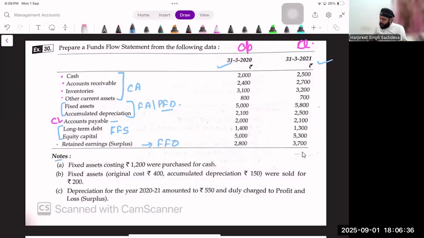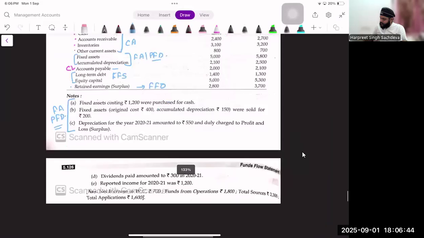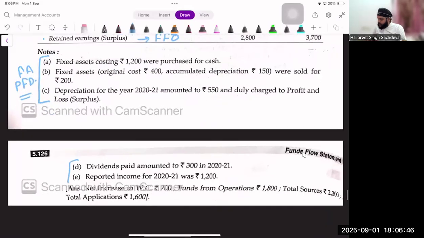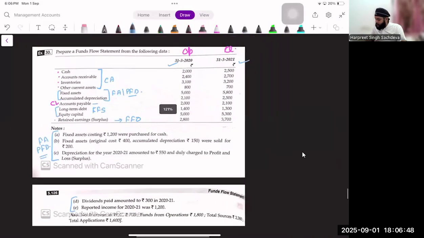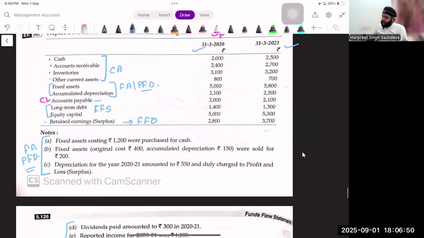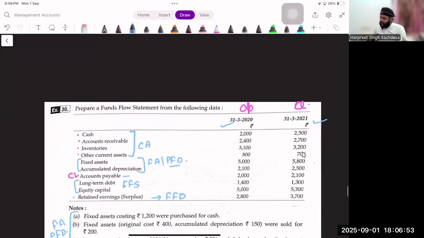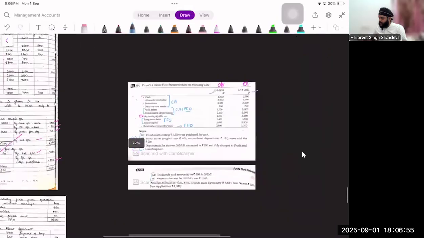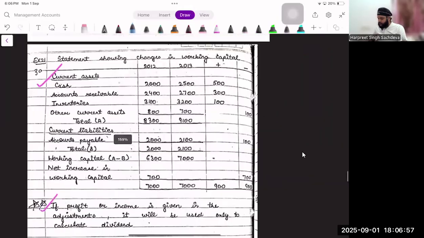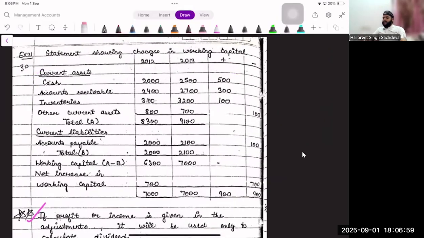Then the first point, second point, third point is a part of the fixed asset account and provision for depreciation account. We'll do this only first. We'll see this later, okay. First of all, let's make either the working capital statement or the fixed asset account. Come on. In the working capital statement, we got cash, accounts receivable, inventories, and other current assets.